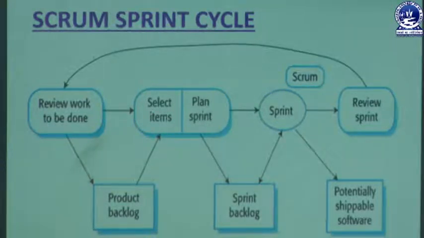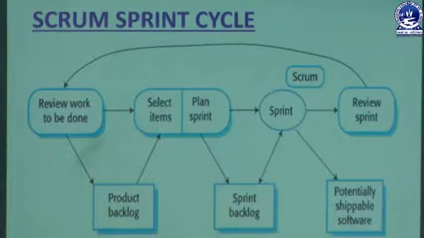Then we go for selecting items. Based on the review work and the product backlog, we will select an item that will be the next project or the next version of that project.